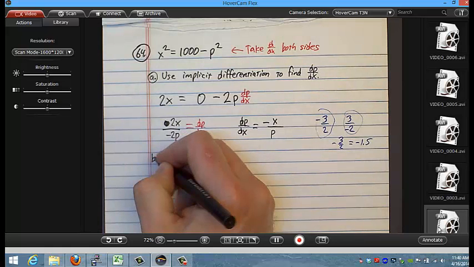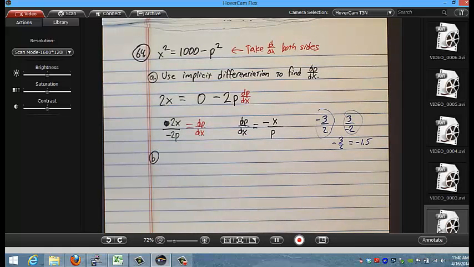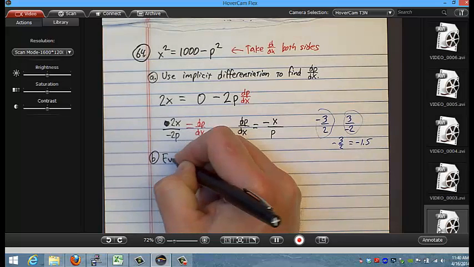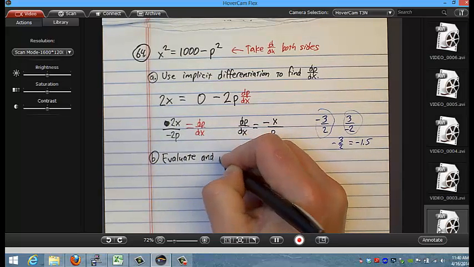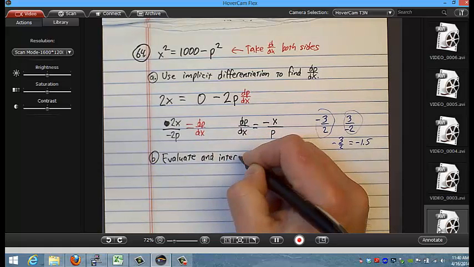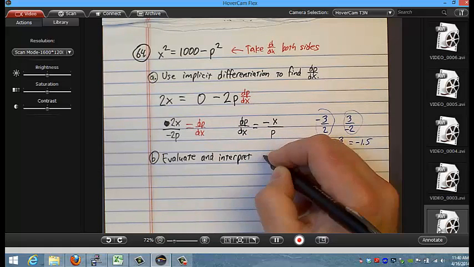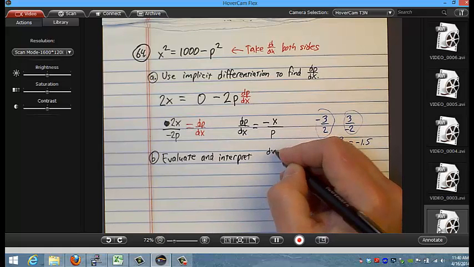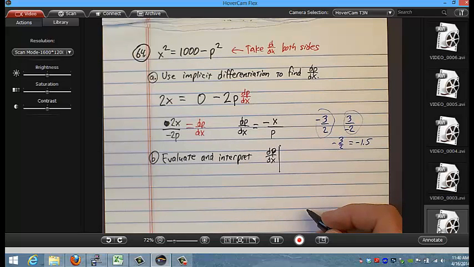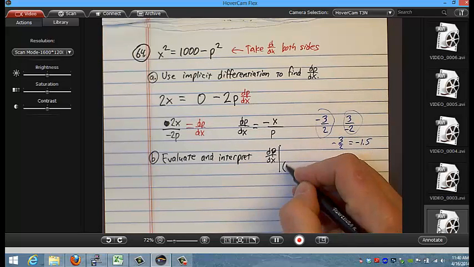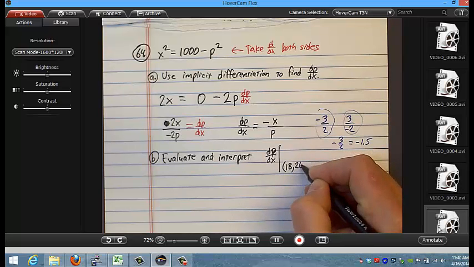Part B, first of all, what does it say? It says evaluate and interpret. How do you read that? Well, I would read it as dp dx evaluated at the point 18, 26.